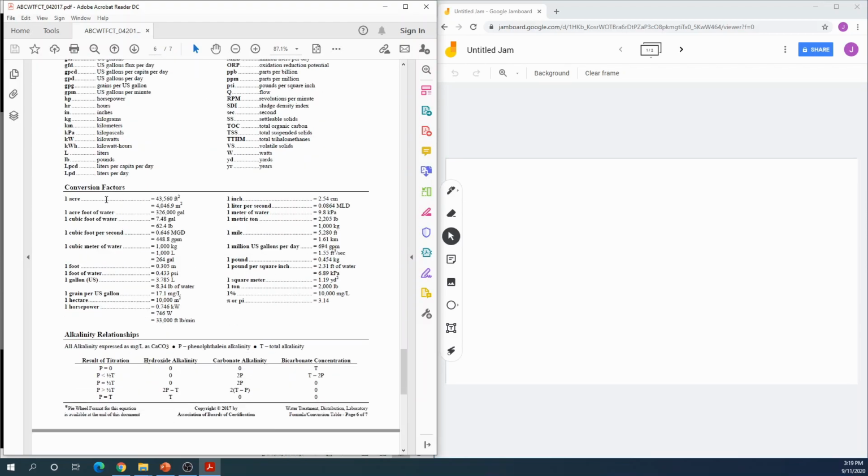And we have our conversion factors here. So we're looking to go from gallons to cubic feet, if we can find that. So here we have 1 cubic foot of water is 7.48 gallons. So let's try this.